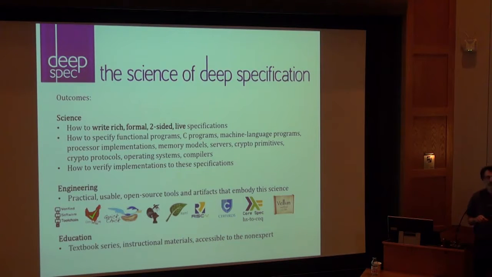Other questions? Yes? I have a related question. You presented a lot of different reasons why it's good to have functional specifications. However, for example, operating systems and web servers, I hope they are not total, such that they stop after doing something, so they have to wait for something. How do you specify this? Right. So the question is, how do you give a functional specification, as a total function, of a program that's supposed to keep running forever?